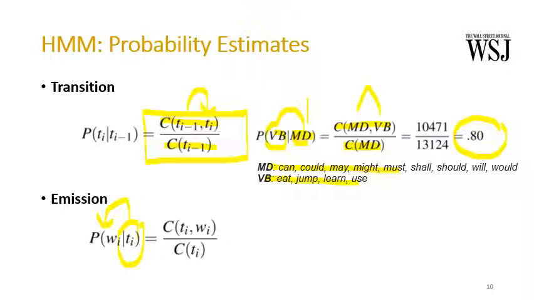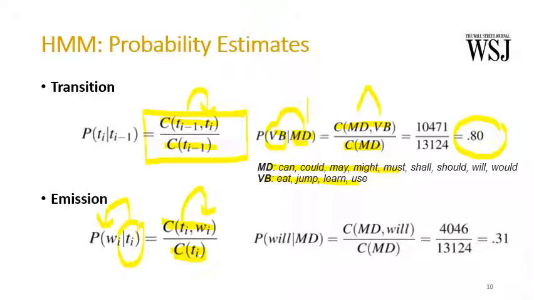So what you're doing here is that you count how many times the tag t_i appears, and then you count how many times the tag t_i produces the word w_i. For example, you want to know, if the tag is MD or modal, how many times the word it emits is the word will.